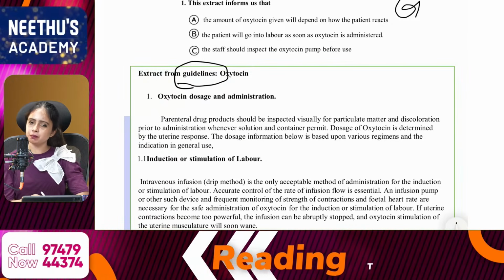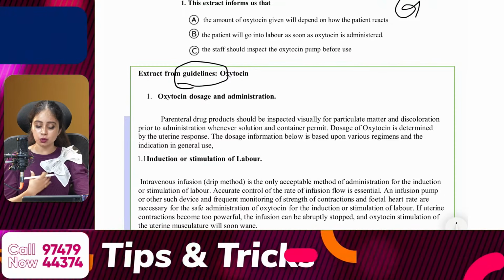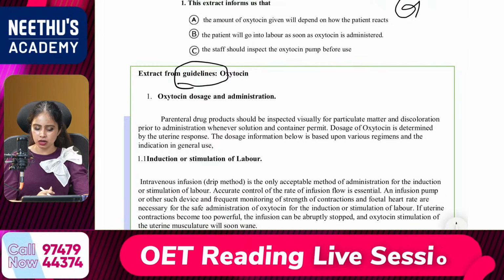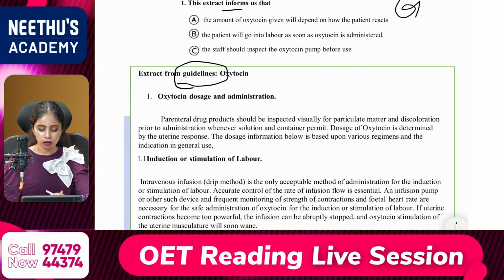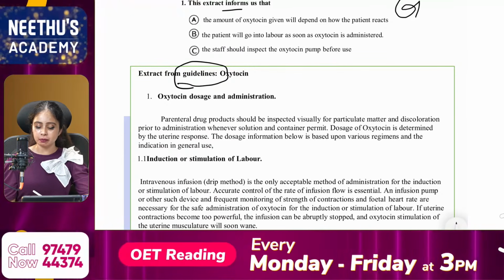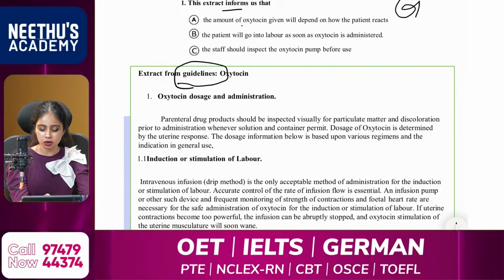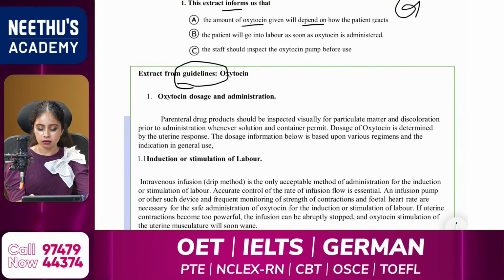First of all, it is very important to mark keywords from the question. So what are your keywords? I'm marking only one word, that is informs. Option A, the amount of oxytocin given will depend on how the patient reacts. So my keywords: oxytocin, depend, reacts.